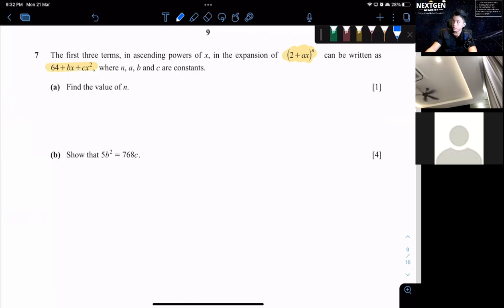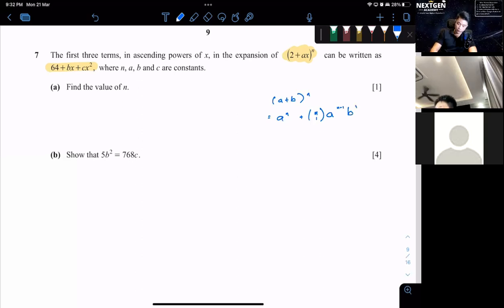Okay, 1 mark only. So the expansion for binomial is like that, right? a plus b to the power of n, where the first term is a to the power n plus nC1 a to the power n minus 1 b to the power 1, and so on and so forth.